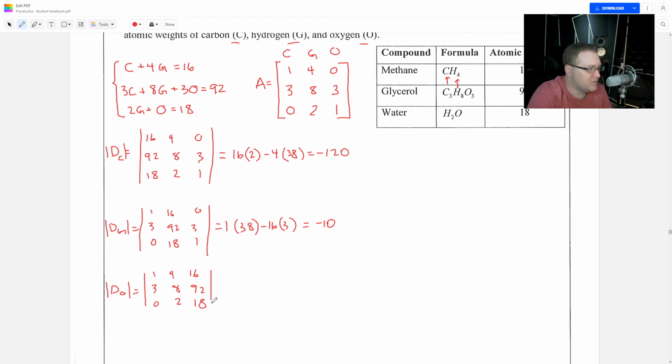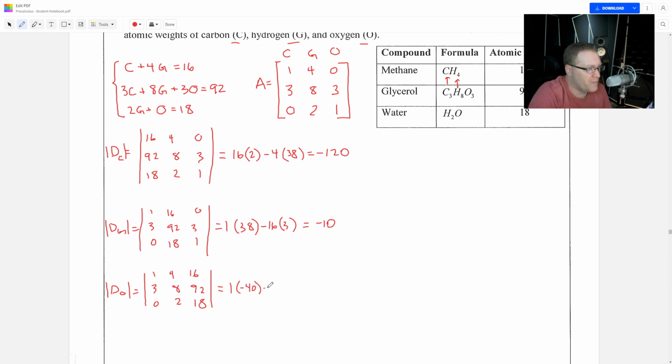All right, and we need to find that determinant. Now how do we find that? Well, it's going to be 1 times, and this one's going to be bigger, so 8 times 18. I'll just do this on the calculator. 8 times 18 minus 92 times 2, which becomes negative 40. All right, so this is negative 40.